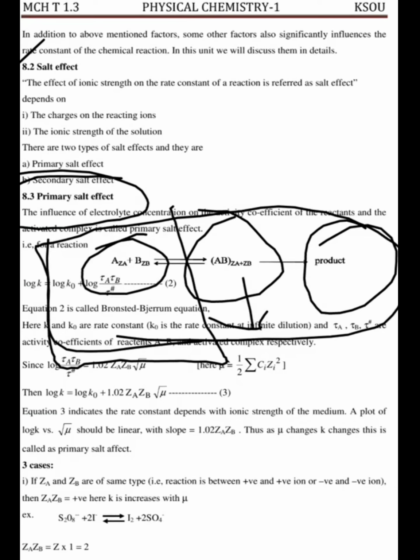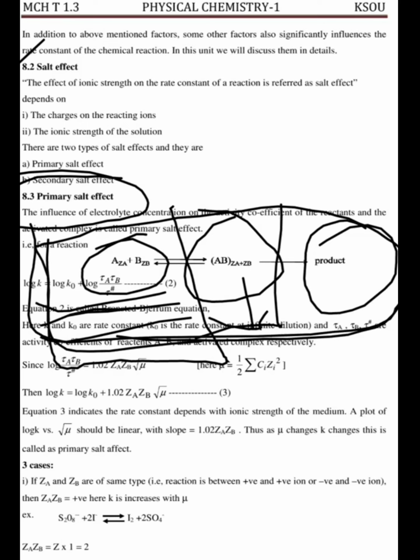Whatever molecules were taken for the reaction, and whatever electrolyte solution is used, the activity coefficient also depends on the activated complex, that is, the intermediate. This is called the primary salt effect. So it mainly depends on the electrolyte and also the activated complex for the rate of reaction.